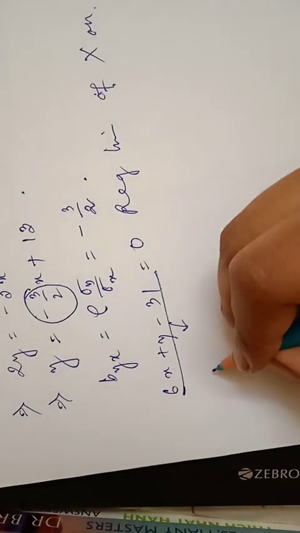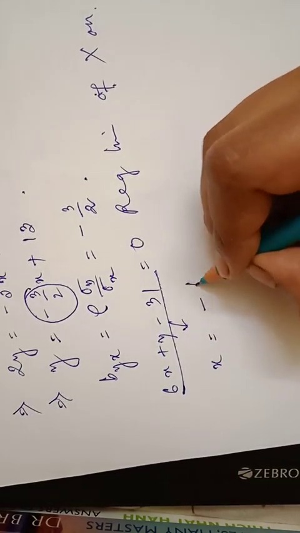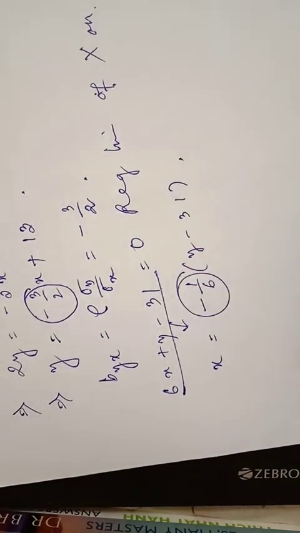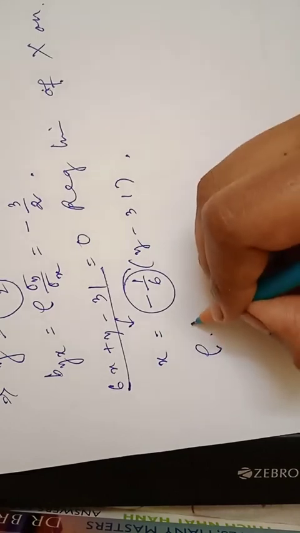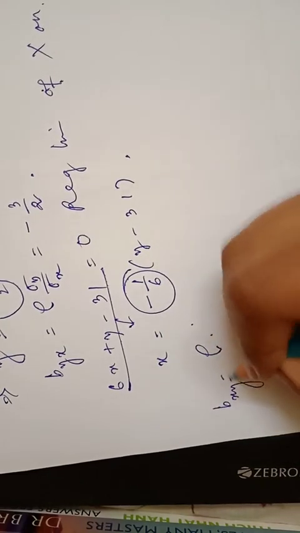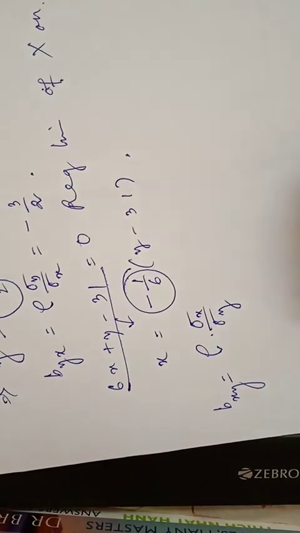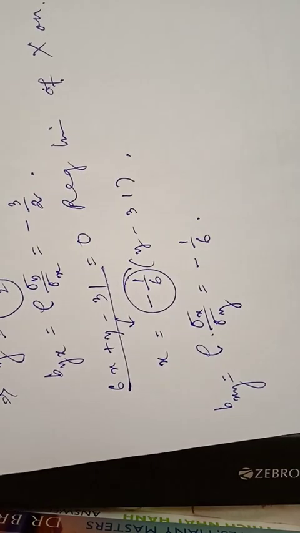It will give you x equals minus 1 by 6 into y minus 31. So this quantity must be bxy, which is equal to rho into sigma x by sigma y, which equals minus 1 by 6.